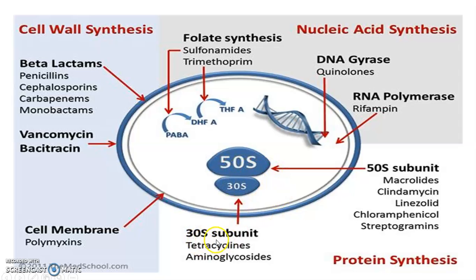Some drugs inhibit the synthesis of protein at the 30S site, specifically tetracyclines and aminoglycosides. Aminoglycosides include gentamicin, which is the best example, and streptomycin is also a good example of an aminoglycoside antibiotic that inhibits this particular 30S ribosome site. Another group of drugs inhibits the 50S subunit site, for example macrolides, clindamycin, linezolid, chloramphenicol and streptogramins.